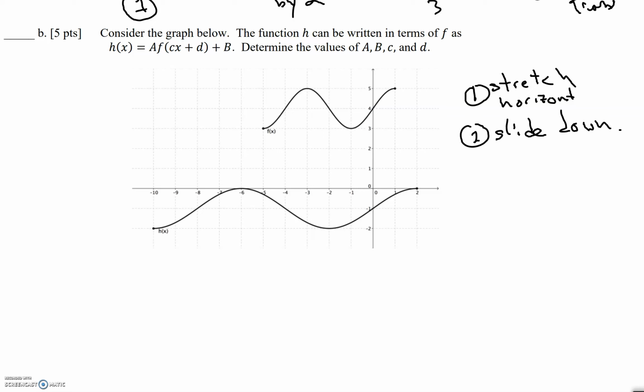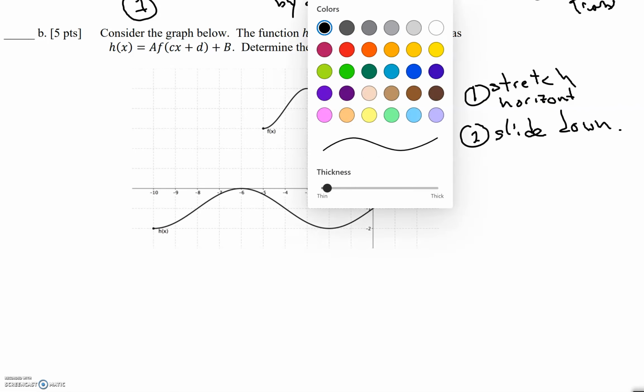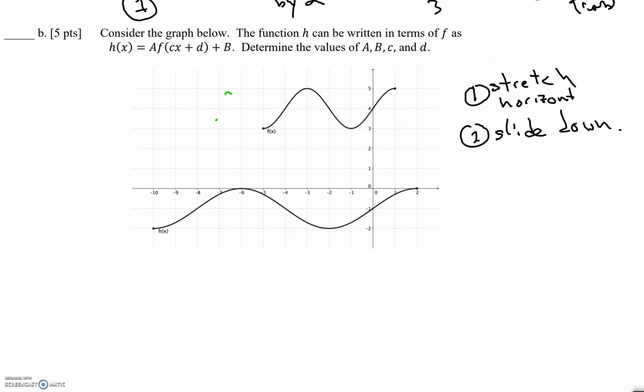And to justify that, why don't I think that this has a vertical stretch? Well, let's look at the actual picture. The vertical distance covered by the function here, which has a name, the amplitude, is 2 units.